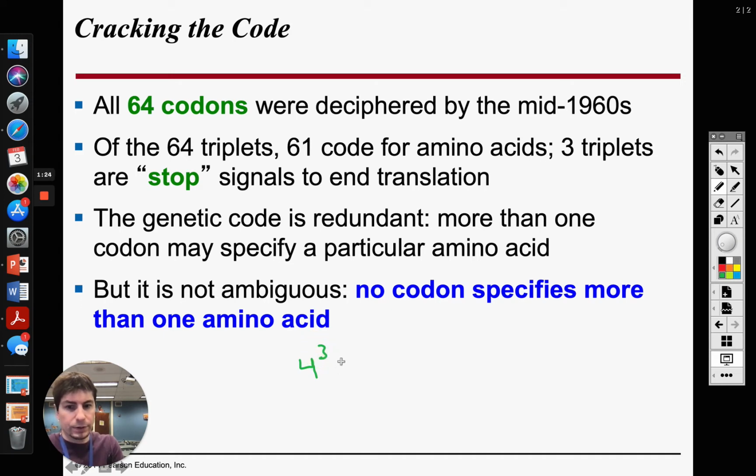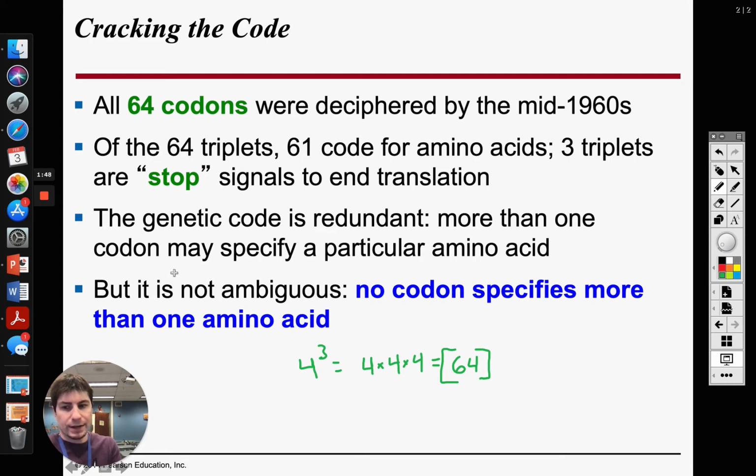So what you do here is take how many bases you have, which is 4. We have 4 possible choices, and we're going to put 3 of them together. So it's simply 4 times 4 times 4. 4 times 4 is 16 times another 4, which ends up being 64. So we have 64 choices of codons.